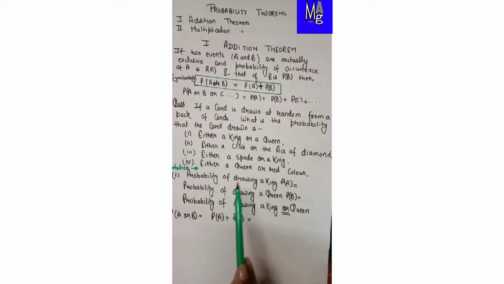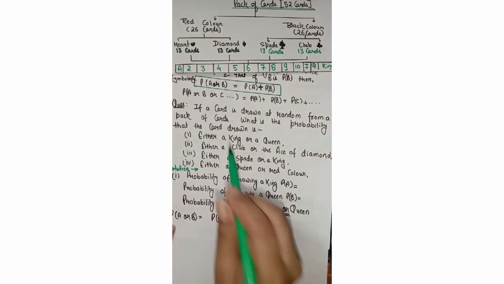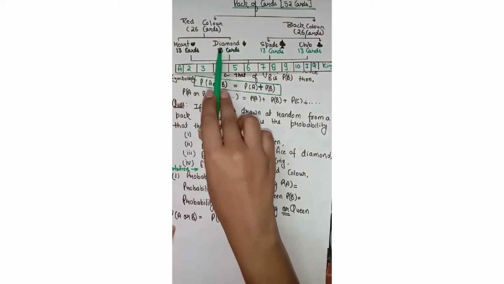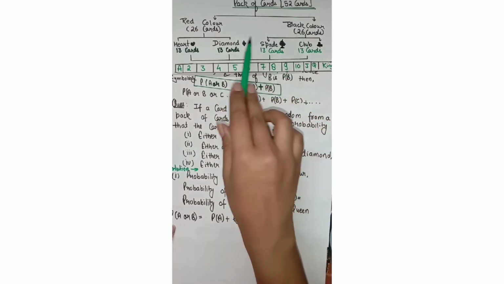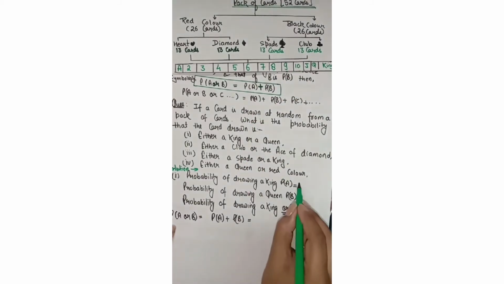So probability of drawing a king we can assume as probability of A, and probability of drawing a queen from a pack of 52 cards will be probability B. In this case, for the probability of drawing a king, the number of favorable cases would be 4, as there are 4 kings in this pack of cards: one of heart, one of diamond, one of spade and one of club. So we will have 4 favorable events and the total number of events will be 52.